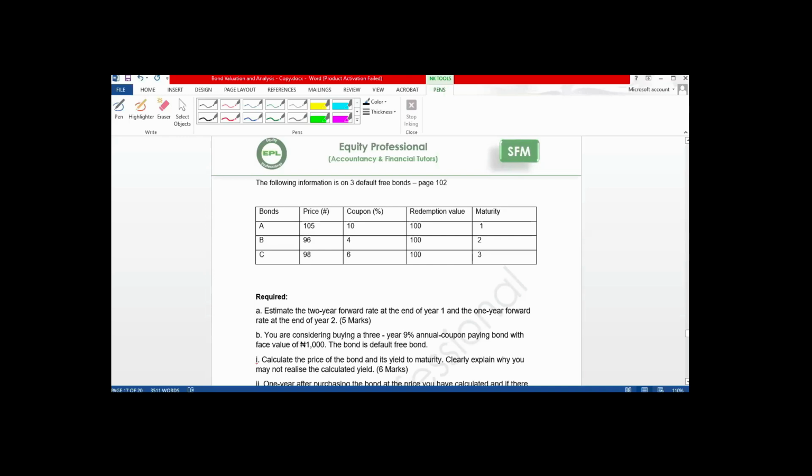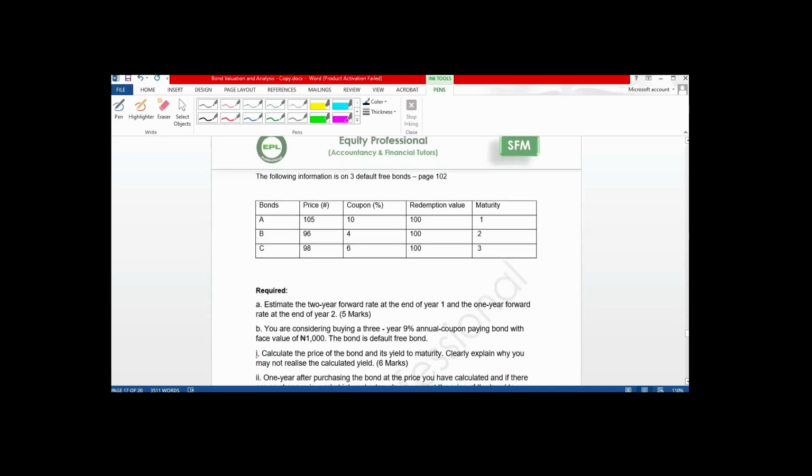Bond A will mature in 1 year. Bond B is for 2 years maturity. Bond C is for 3 years maturity. Now, requirement A says estimate the 2-year forward rates at the end of year 1 and the 1-year forward rates at the end of year 2.